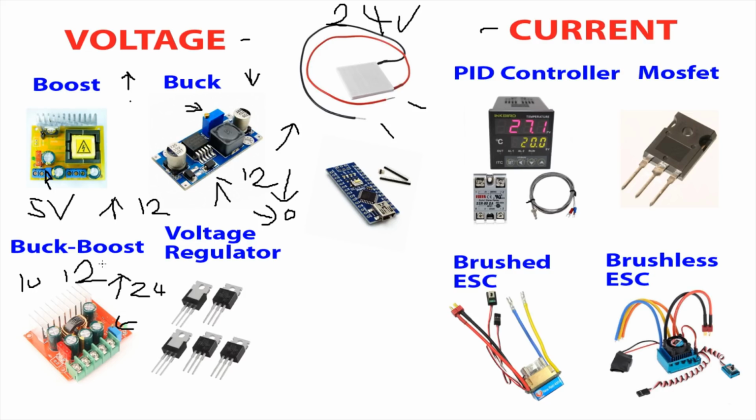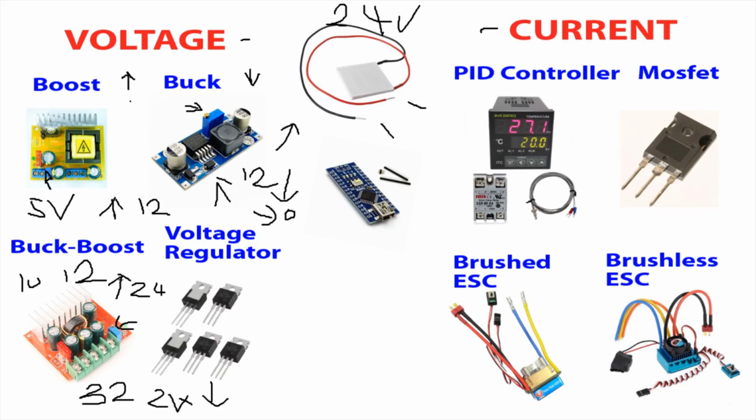If your input voltage increases, say your input voltage is now 32 volts, but you still want that output voltage to be 24 volts, then the buck-boost will reduce the voltage down to 24.